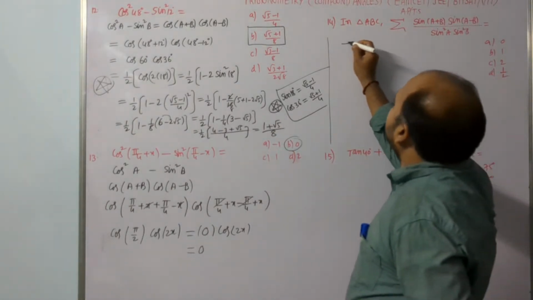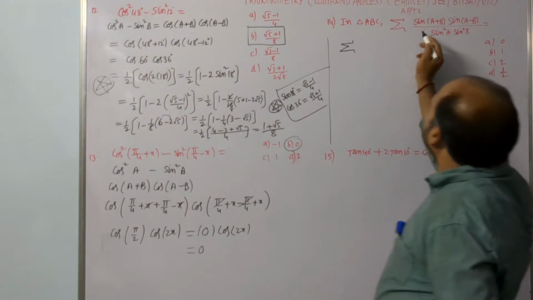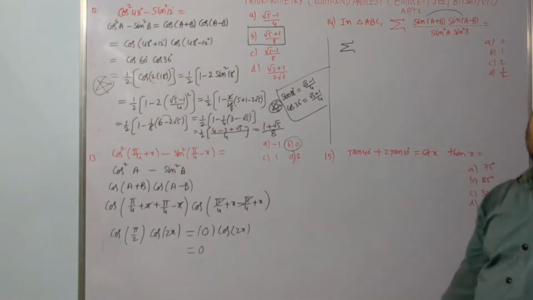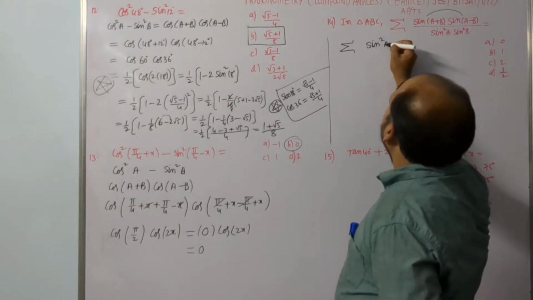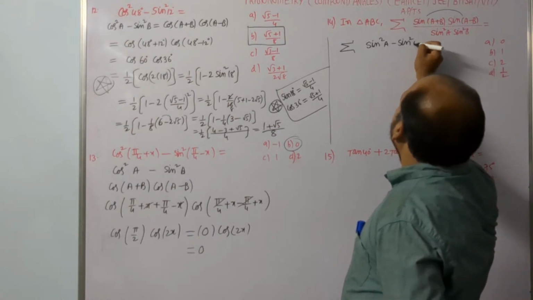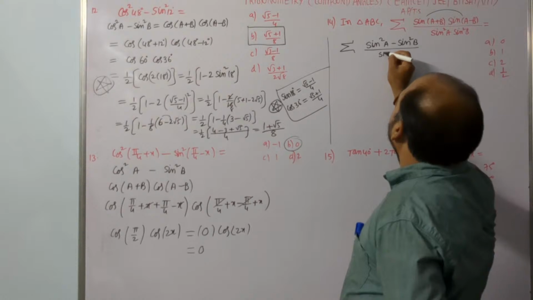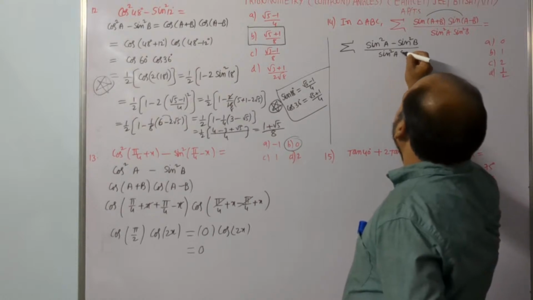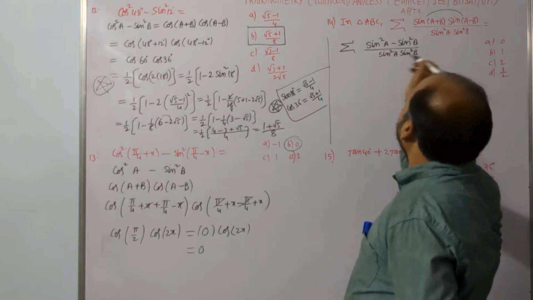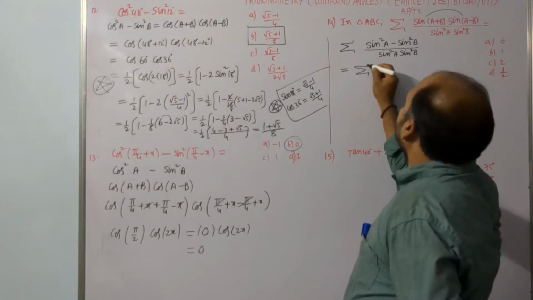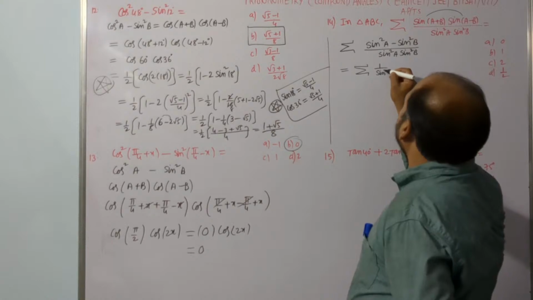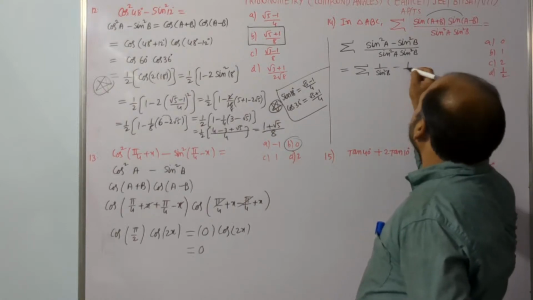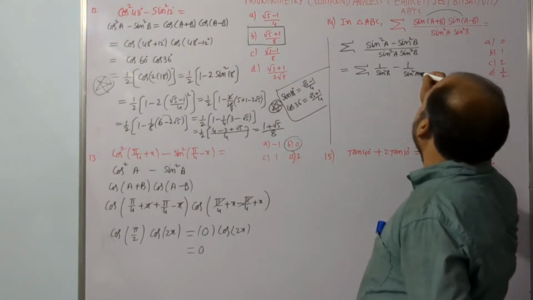In this sigma or summation, sin of A plus B into sin of A minus B is sin square A minus sin square B. Whole divided by sin square A into sin square B is equal to, we can split it. Sin square A cancel, 1 by sin square B will come. Minus sin square B get cancelled, 1 by sin square A will come.